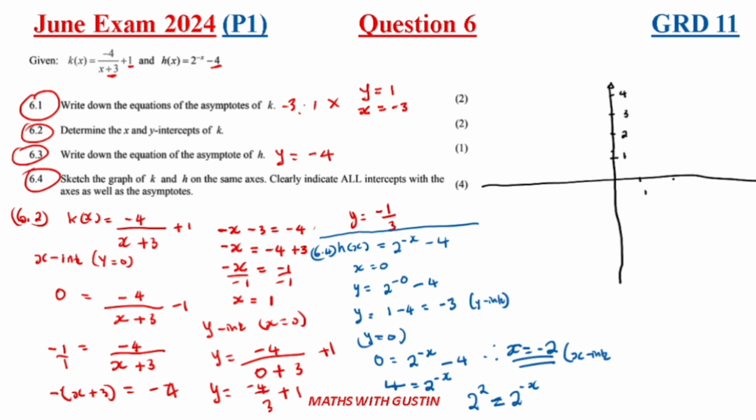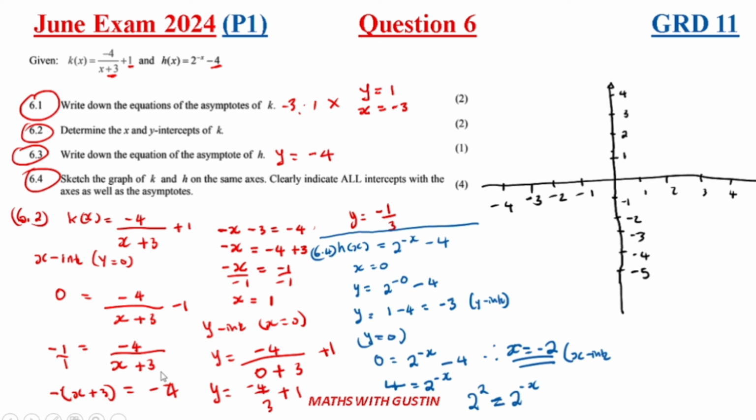Then you're going to have 1 here, 2, 3, then 4. Negative 1, negative 2, negative 3, negative 4, and then negative 5.